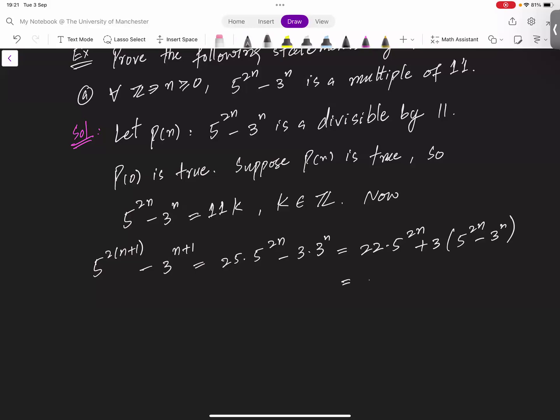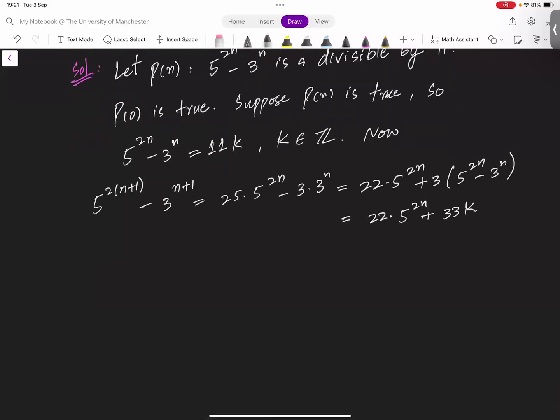This is nothing but 22 into 5 power 2n plus 33k, which is divisible by 11. Hence, P of n implies P of n plus 1. And therefore, P of n is true.